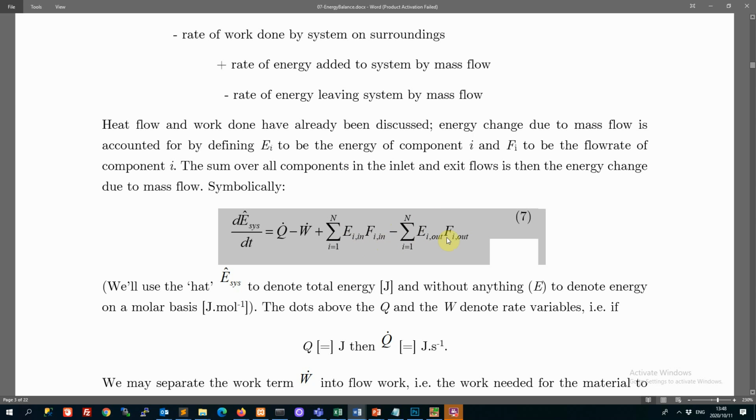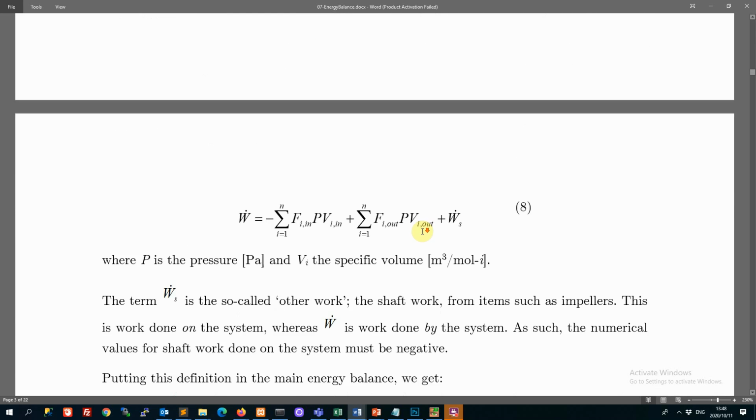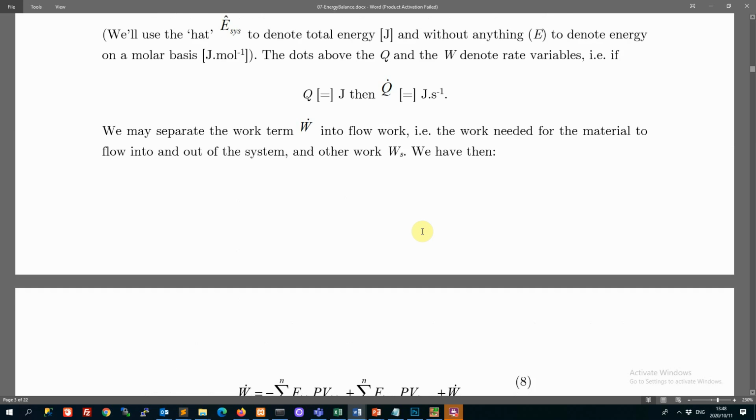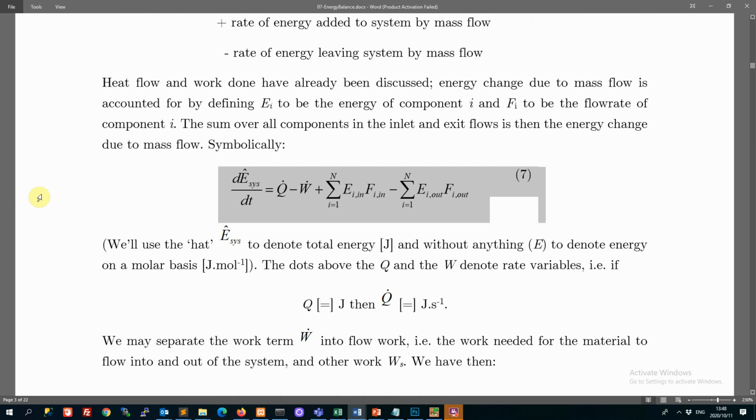And the same here, joules per second. So everything here is joules per second. So if you like, the units agree. So that's always an important thing to check. We will expand on this just now and see exactly how we get joules per mole and all that. So anyway, that's the first form of this.